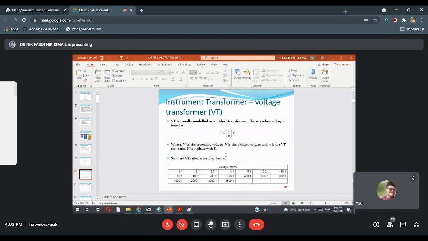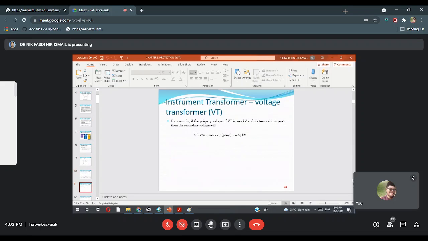V prime is in phase with V. Standard, okay, ini standard yang diguna. It's been used in the power system area for the ratio of the voltage transformer. 1 ratio of 1, 2 ratio of 1. Okay. Maksudnya kita boleh choose which ratio we want to use, which is suitable for our system. Tengoklah kalau sistem tu voltage besar, tinggi, we guna pakai the higher ratio. Okay.